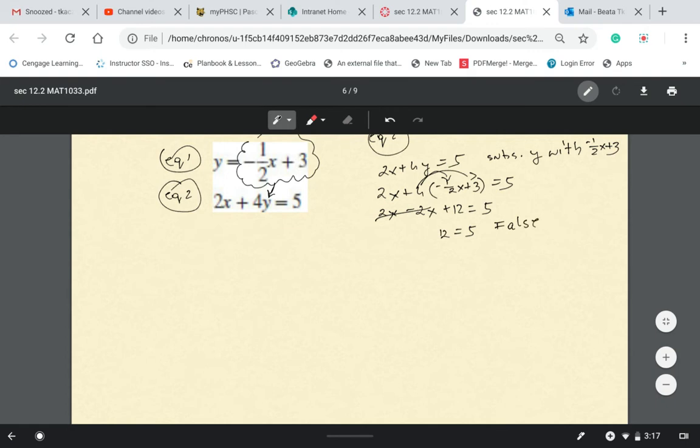Since this is false, there is no solution, which means no point of intersection. The two straight lines don't intersect.